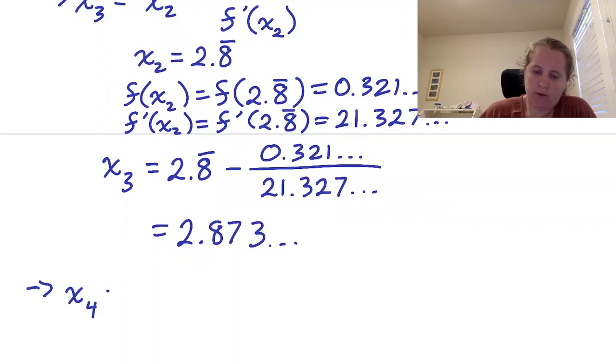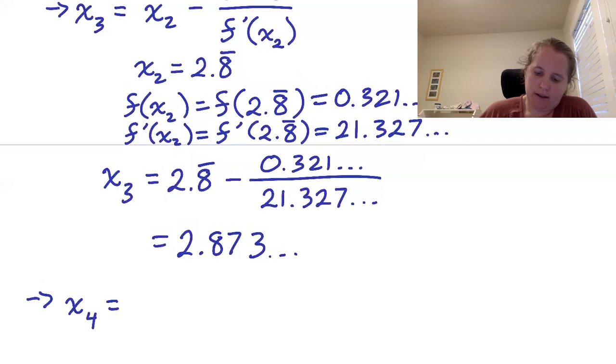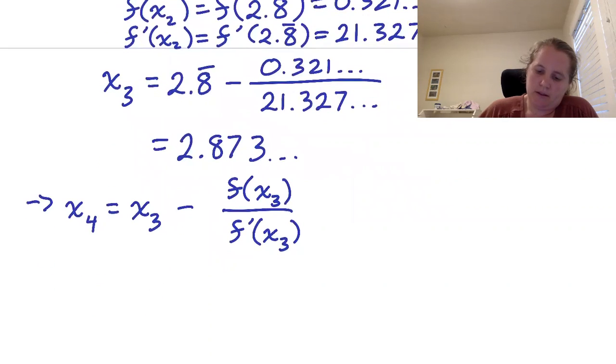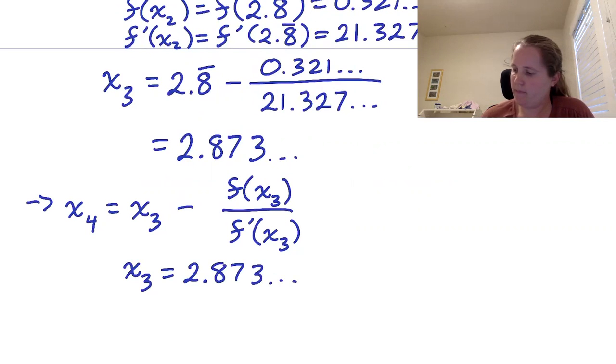So x4, we are looking at x3 minus f of x3 divided by f prime evaluated at x3. Again, x3 was 2.873 dot dot dot. Then we have f of x3.